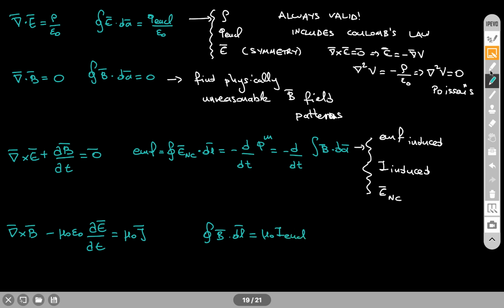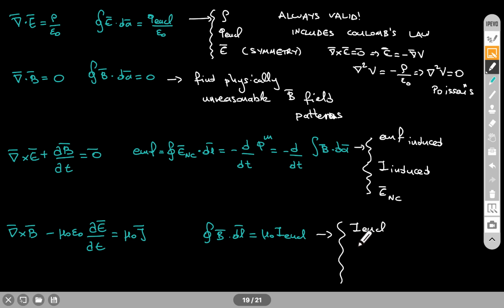Now, what did we get from that? This is similar to how we used Gauss's law in electricity. Here I am assuming that the time derivative of E is 0. If you have B, you can find the current that you have enclosed by your path integral.